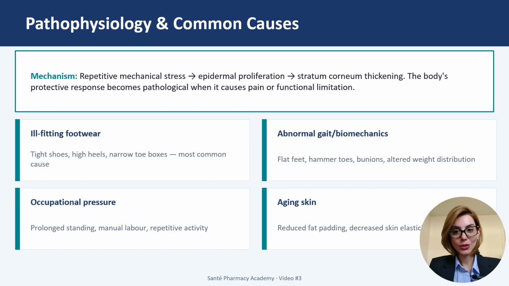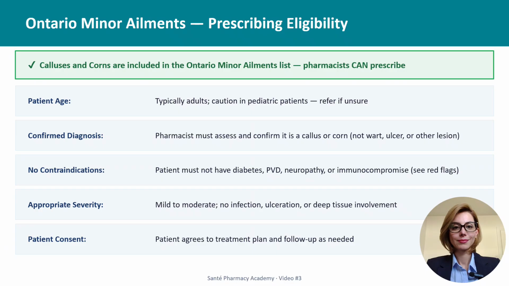Aging, as we get older, the fat pads in our feet thin out and skin becomes less elastic. Always, always ask about footwear. It's the root cause in the majority of cases and the key to preventing recurrence.